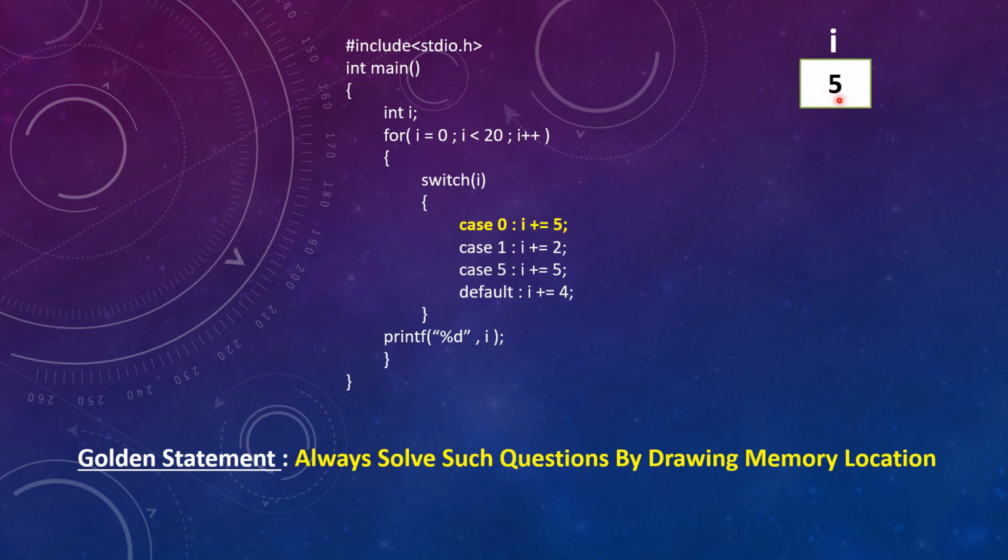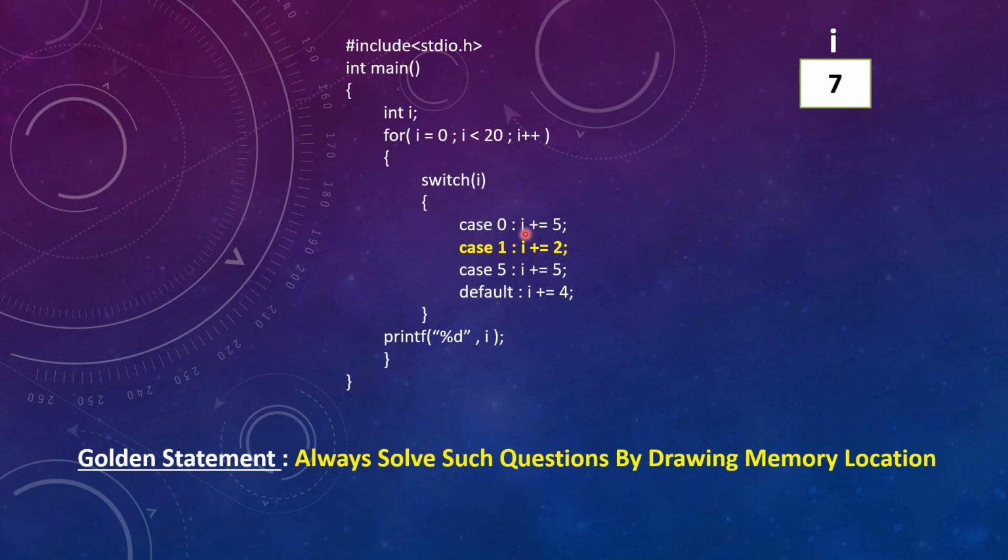So 0 plus 5 is 5. Then we are moving to case 1. Why are we moving to case 1? As you can recall from our previous videos, we do not have a break statement after each case.